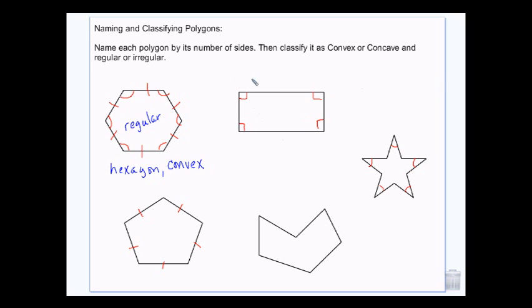Now, how many sides? So it's a quadrilateral. Concave or convex? Regular or irregular? Irregular. You think of rectangles as very regular, but they're actually irregular because all 4 sides have to be the same length for it to be regular.